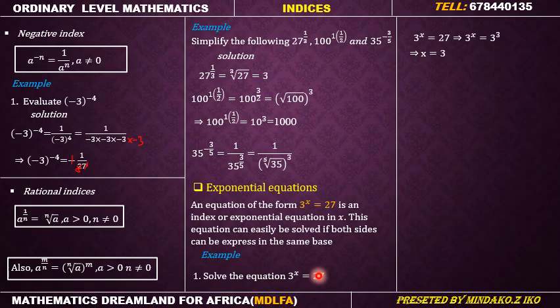It depends on how the equation comes. Here it might be 4, which means on both sides the bases are supposed to be 4.